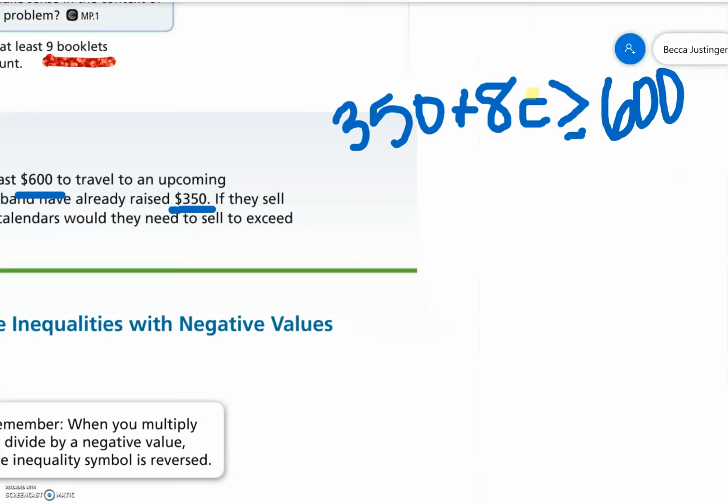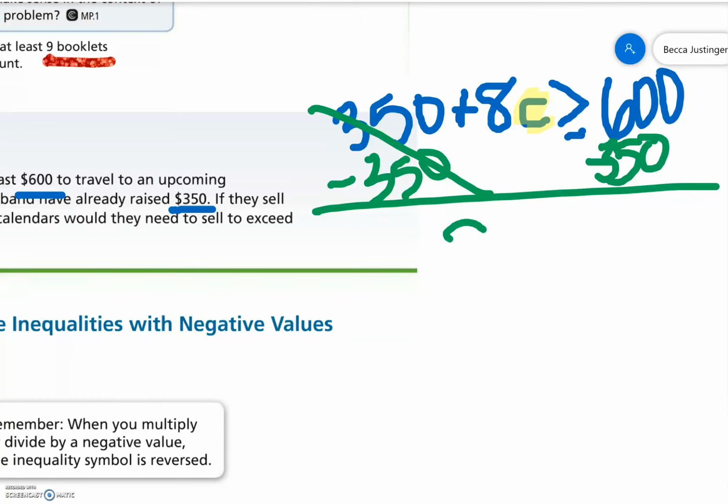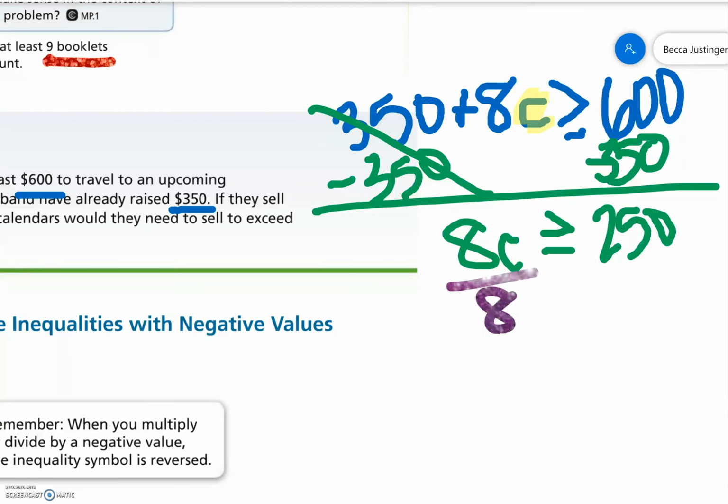Now we need to solve for C. I can't get rid of the 8 yet. I have to subtract the 350 first. So this cancels out. 8C is greater than or equal to 250. Now to get C by itself, I'm going to divide by 8. Cancels out on the left.